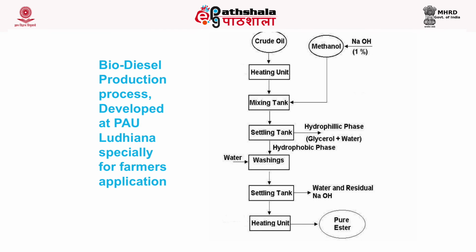Now the biodiesel thus produced can be used in any diesel engine without any engine modification, and there are no detrimental effects on engine operation and its life. Engine exhaust is more environment friendly compared to diesel operated engines.